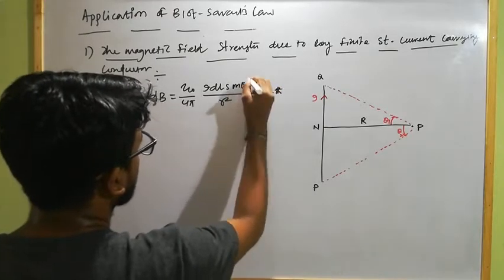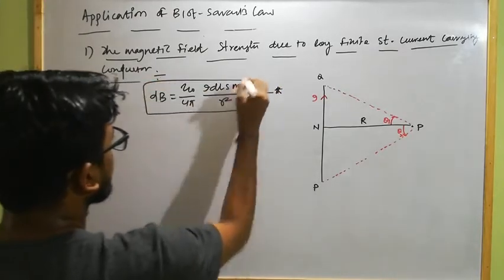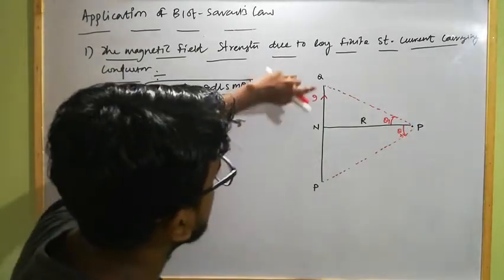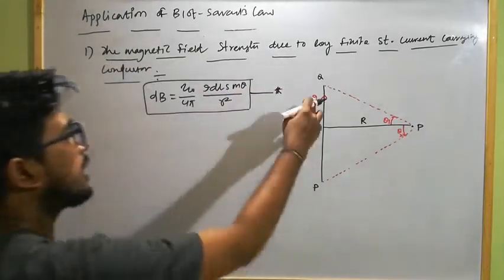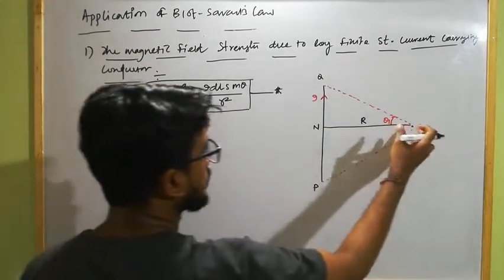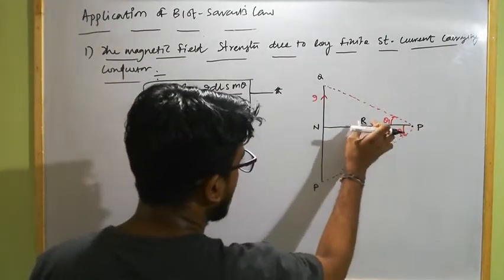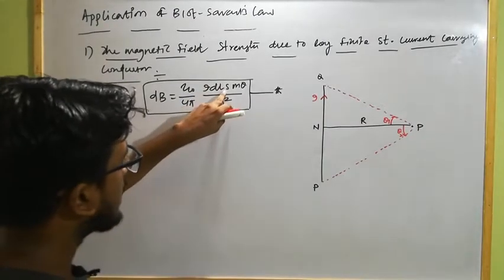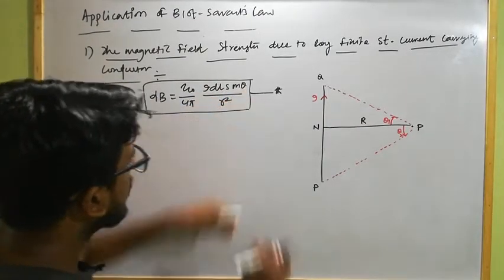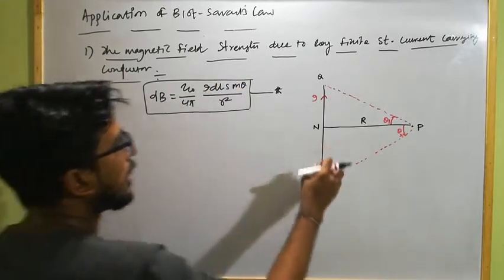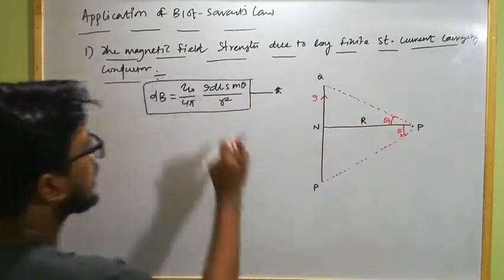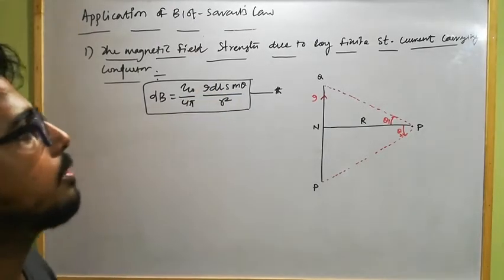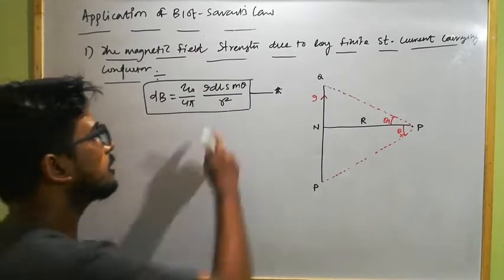Using this we have to calculate the magnetic field strength at point P due to this finite long straight current carrying conductor which carries current I, and the point of observation is at a perpendicular distance r from this current carrying conductor. Here I dl is the current carrying element and theta is the angle between the direction of the current carrying element and the position vector of this point. What is r? Here r is the distance between the current carrying element and the point of observation P.